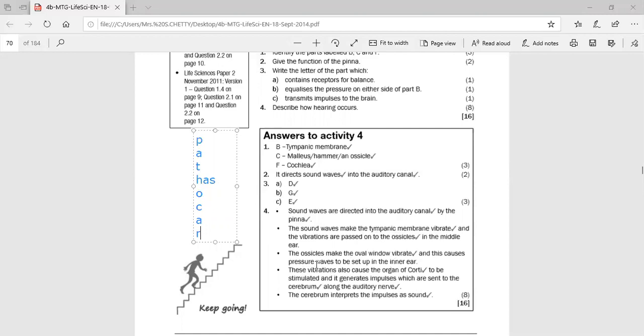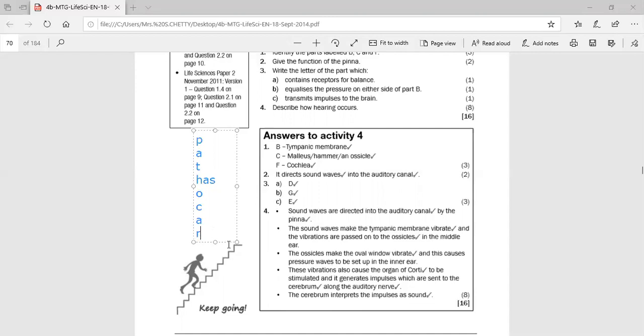These vibrations also cause the organ of Corti to be stimulated, and it generates impulses which are sent to the cerebrum via the auditory nerve. The cerebrum will interpret the impulses as sound, and what the R stands for is that the extra pressure waves are absorbed by the round window.